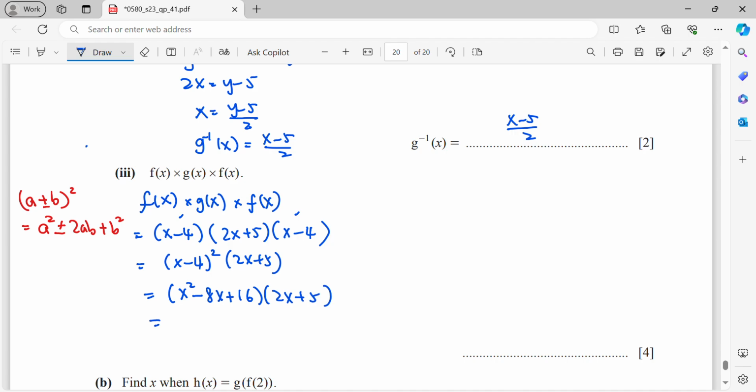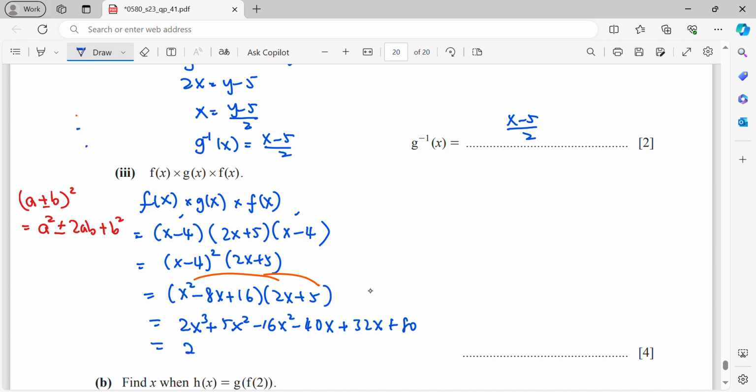Now each of these you multiply. So I will get 2x cubed plus 5x squared. Minus 8x times 2x is minus 16x squared. Minus 8x times 5 will be minus 40x. 16 times 2x, sorry, 32x. 16 times 5 will be 80.